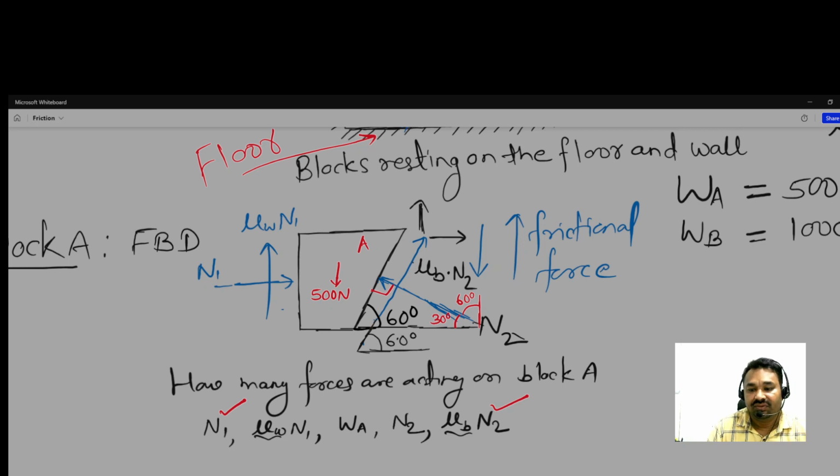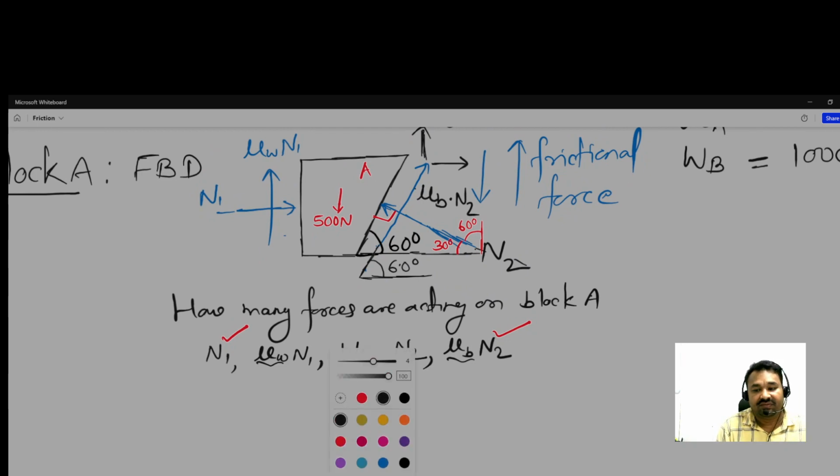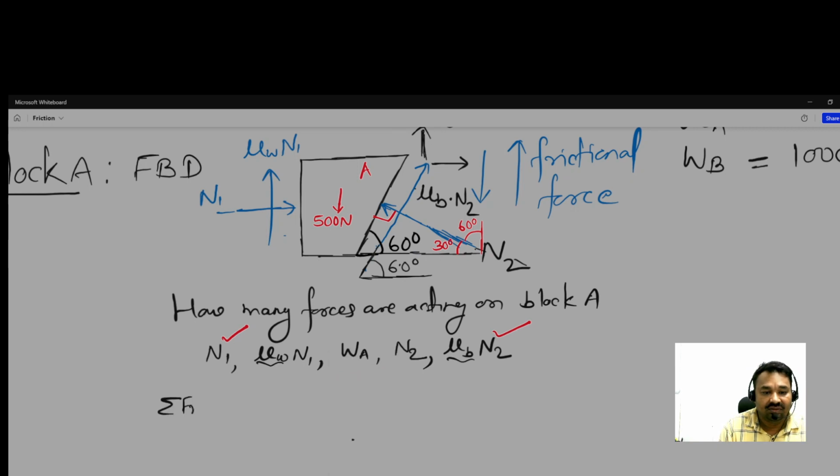Now let us satisfy the equilibrium conditions. Summation of Fx is equal to 0, then N1 direction is positive, and what about N2 direction? N2 is negative, and it is with sine 60 degree, because it is making an angle with the vertical.